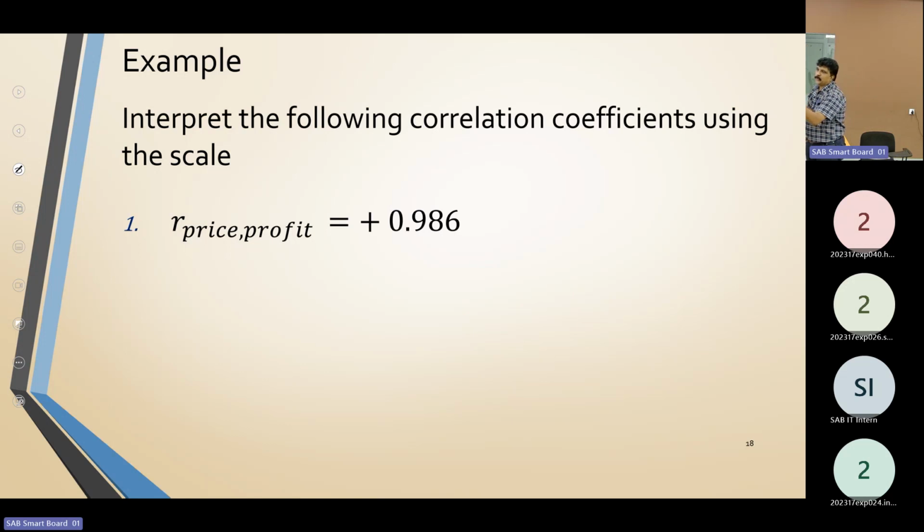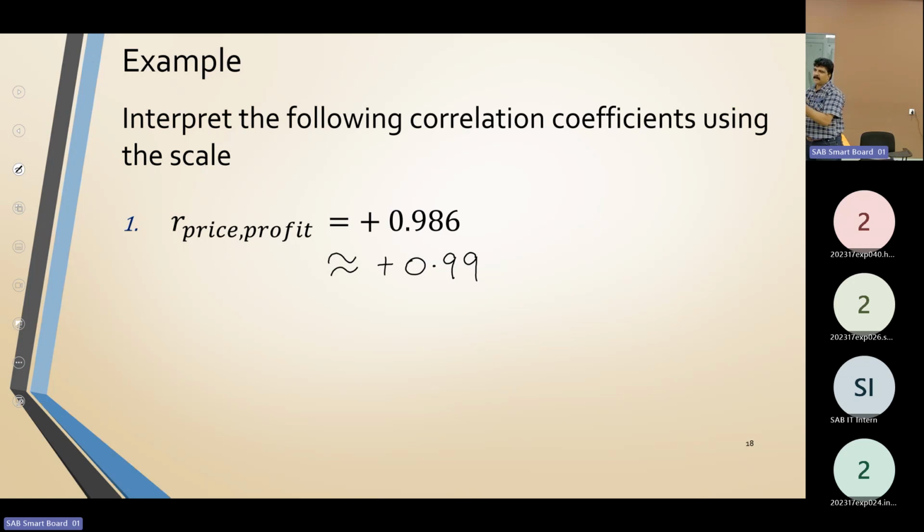So what do we do? First, we convert this to 2 decimal places: plus 0.99. Now in the scale, we check in what region this value is. This is in the last level, the very strong level.